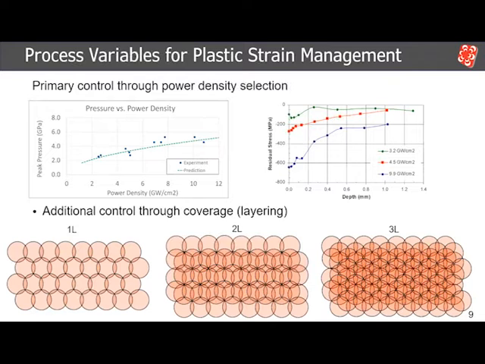A second lever that we can pull to tweak the process is the number of layers that we apply. Adding layers is going to potentially increase the magnitude of the treatments, the plastic strain that's created, and also extend the depth to which the plastic strain reaches inside of a material.